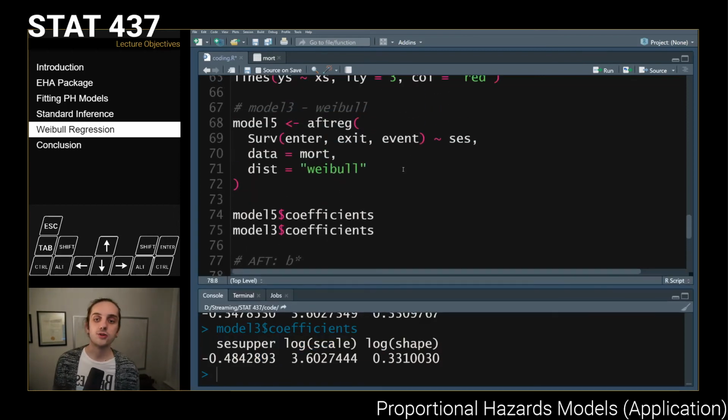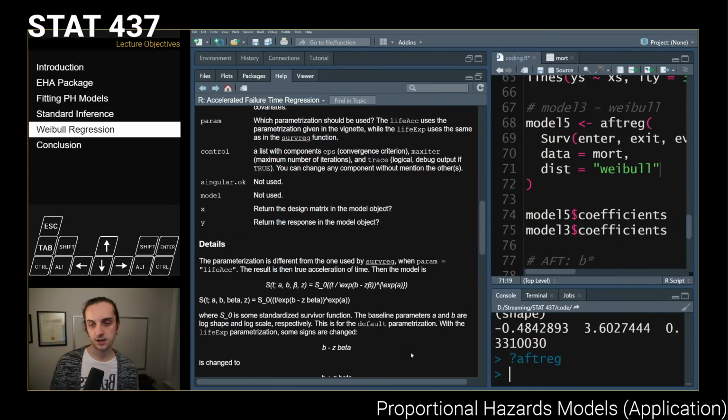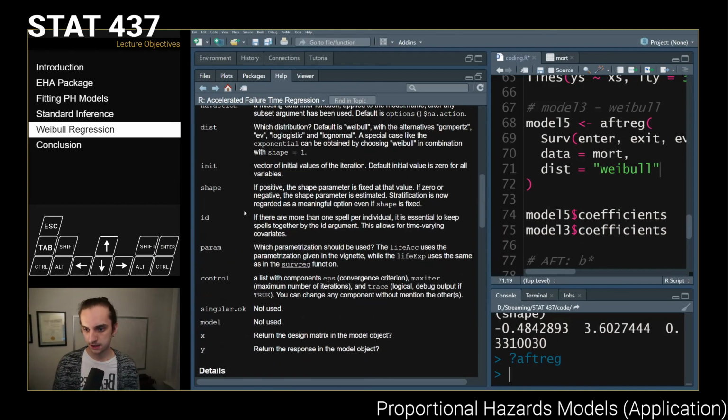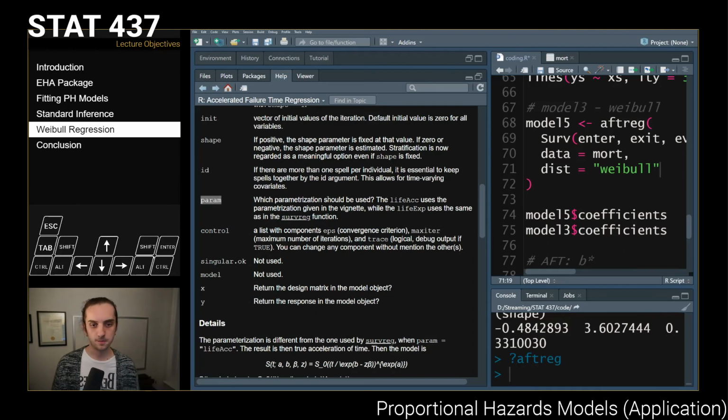Well, the issue is that with this aftreg function, there are actually two different parameterizations of the model. If I look at the documentation for aftreg here, you can see down here there's this param argument, which says which parameterization should be used, and importantly, if you provide it with lifeExp, it uses the same as in the survreg function.